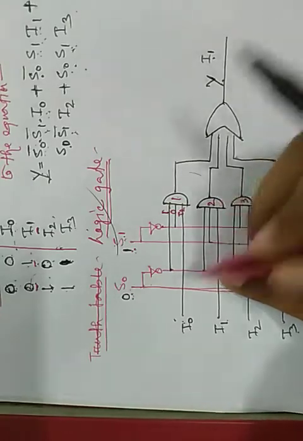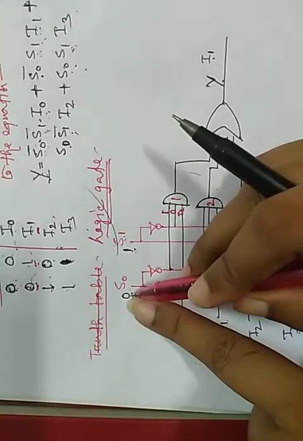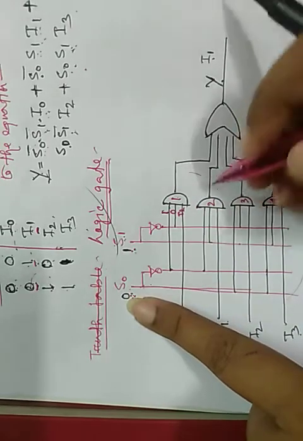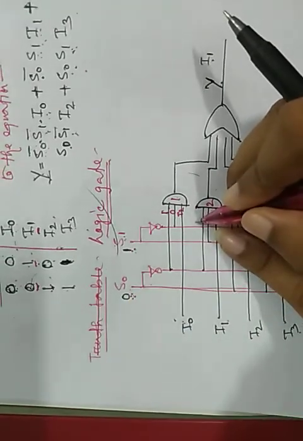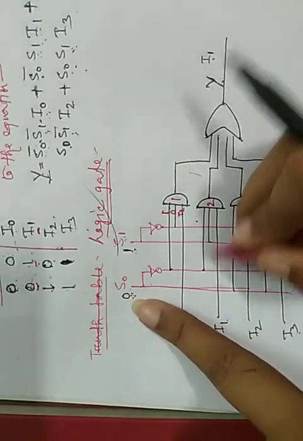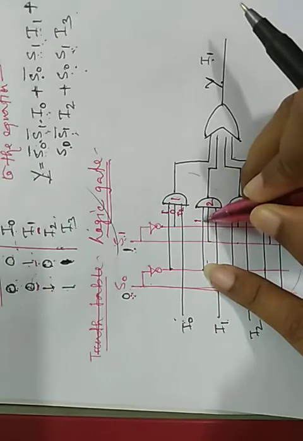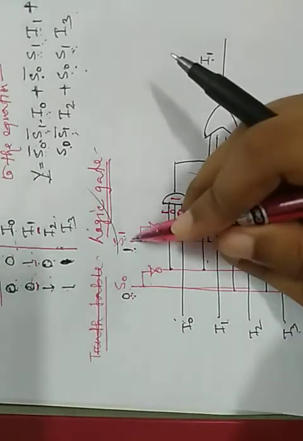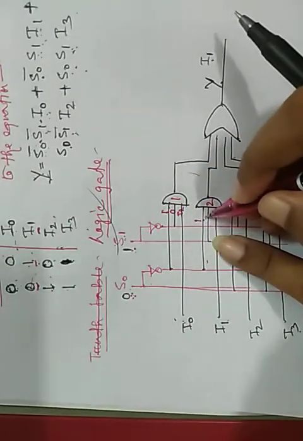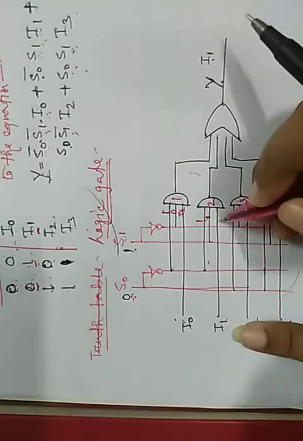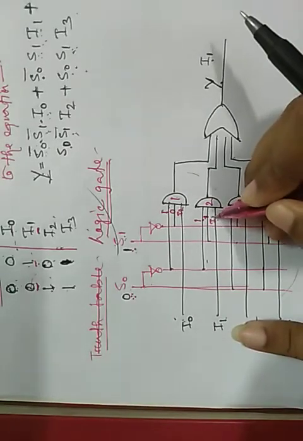Here also, in the second AND gate, S0 is 0. So for the second AND gate we get 1 here because the S0 complemented value is connected here. From S1 we get 1, obviously, and third is I1.